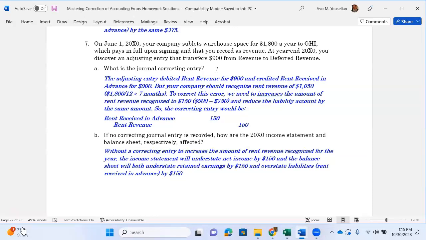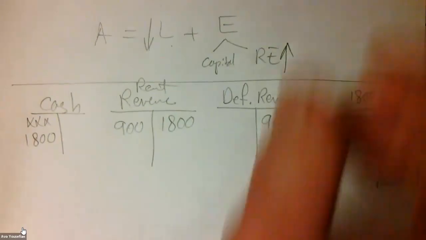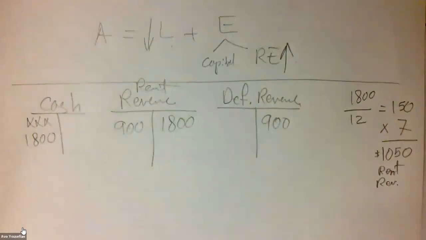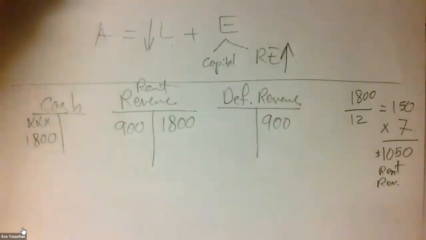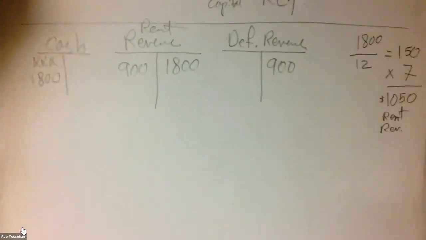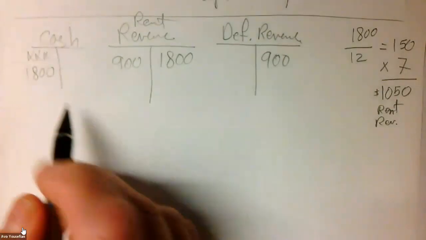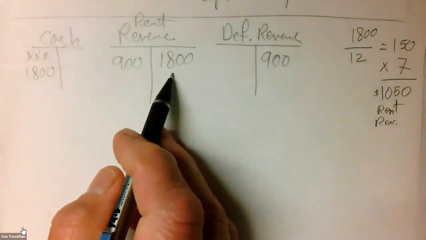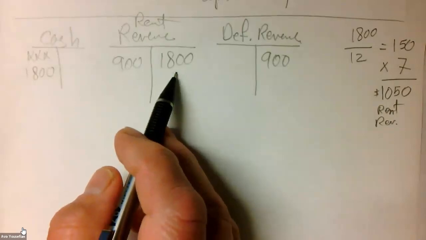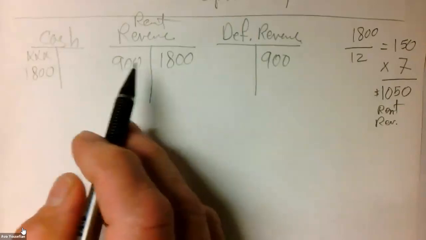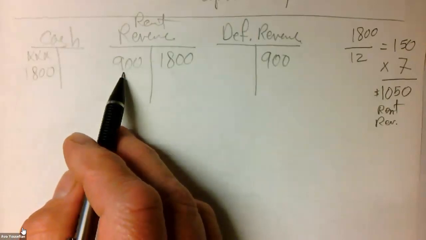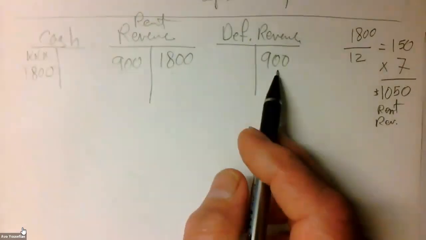So let me share my screen again. Remember I said without T account you can't do anything? Here is the good example. So here we have cash deposited, rent revenue recorded for $1,800, which is okay if you like to do it that way. And someone deferred $900 from rent revenue into unearned rent revenue or deferred rent revenue.